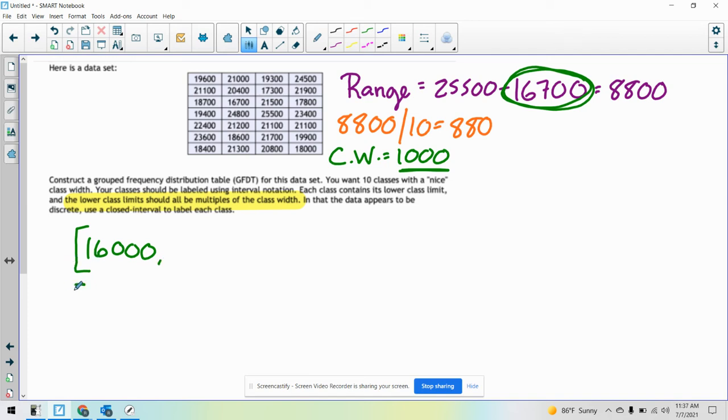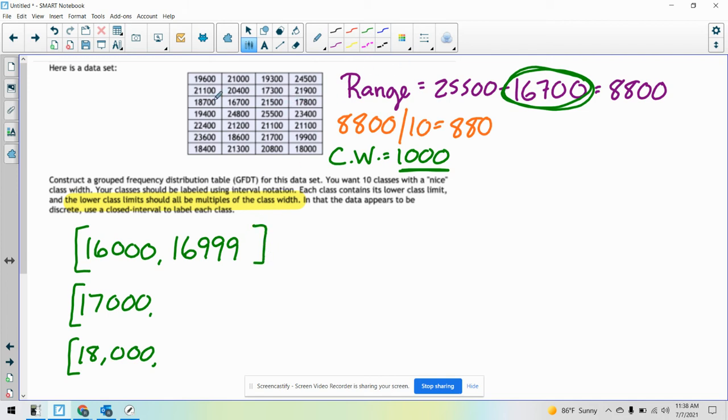Which means if each class has a size of 1,000, the next class is going to start at 17,000. And that means the next class is going to start at 18,000, and so on and so forth. So if this class goes from 16,000 to 17,000, that means this is going to go up to 16,999. Right? That's what you would think.